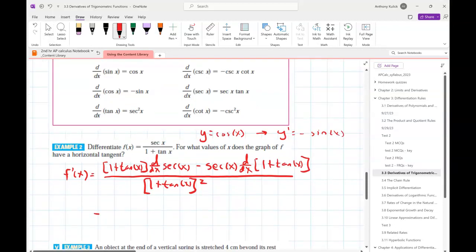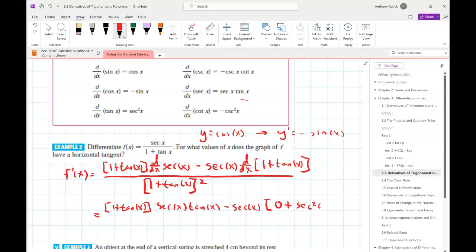So let's see, where are we at now? The derivative of secant is secant x tan x. The derivative of 1 plus tangent x is going to be 0 plus secant squared x.